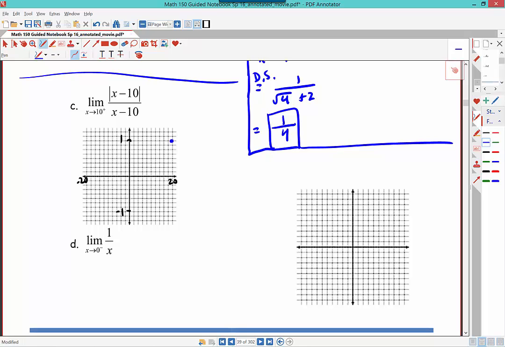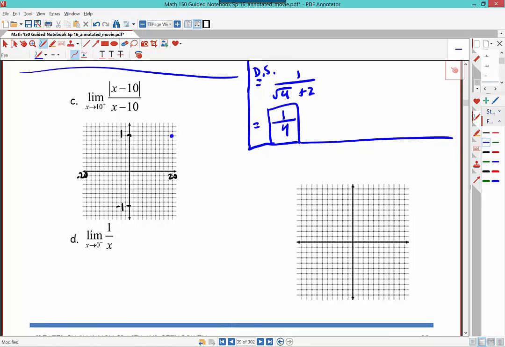So you'll get an ordered pair at 21. And do you see that it's going to behave that way until you get to x equal to 10 exactly? Because why? You've got an excluded domain value. Do you see that when x is equal to 10? So you'll have an open circle here. But what if we had 19? 19 minus 10 is 9. Absolute value of 9 is 9.